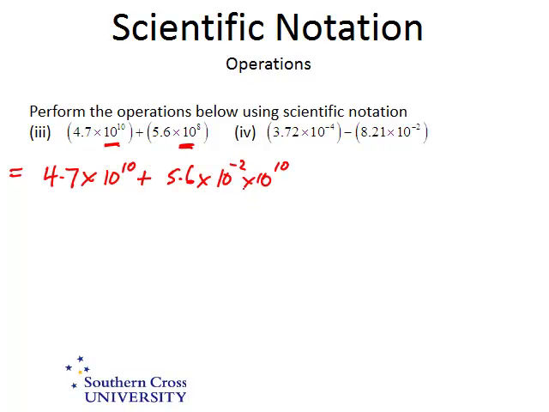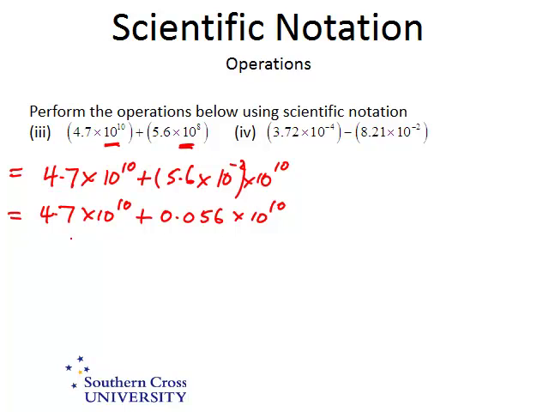We wanted a 10 to the 10 here, so we had to put in the 10 to the minus 2 to make sure that these two exponents multiplied to give 10 to the 8. So this is 4.7 times 10 to the 10 plus 0.056 when you convert it back to a number. So move the decimal point 2 places, 1, 2, times 10 to the 10.